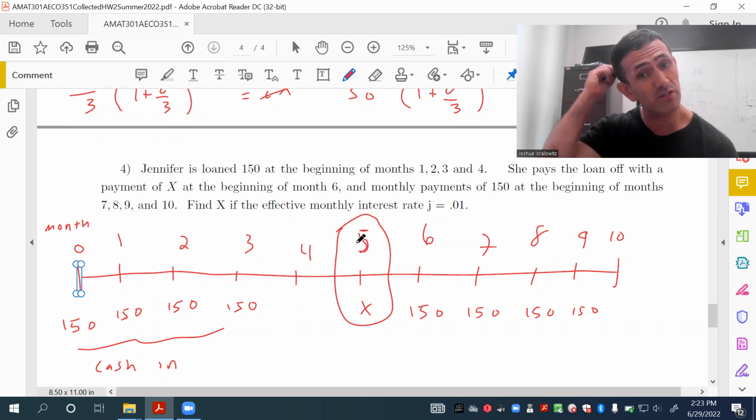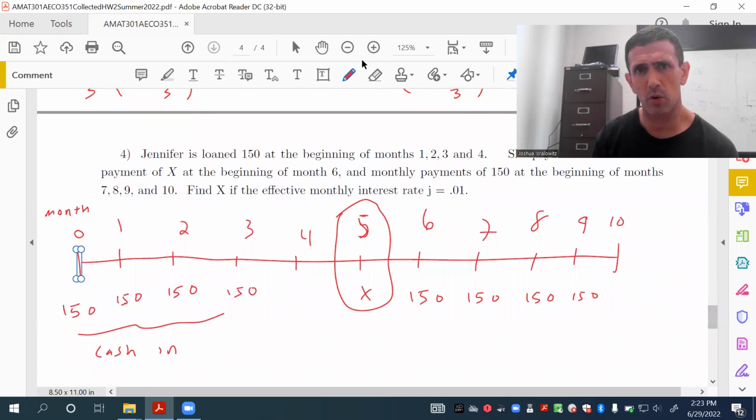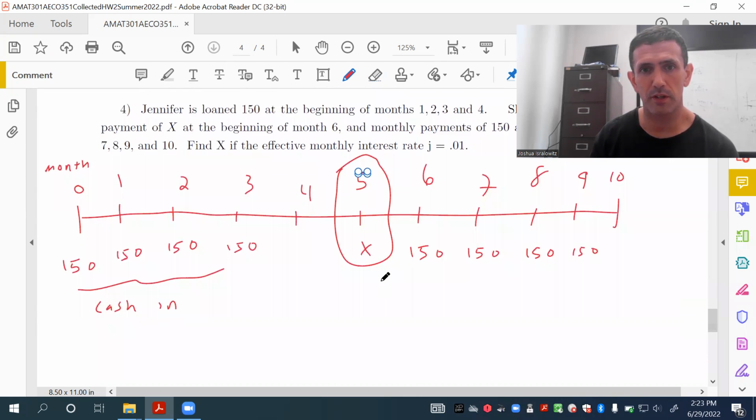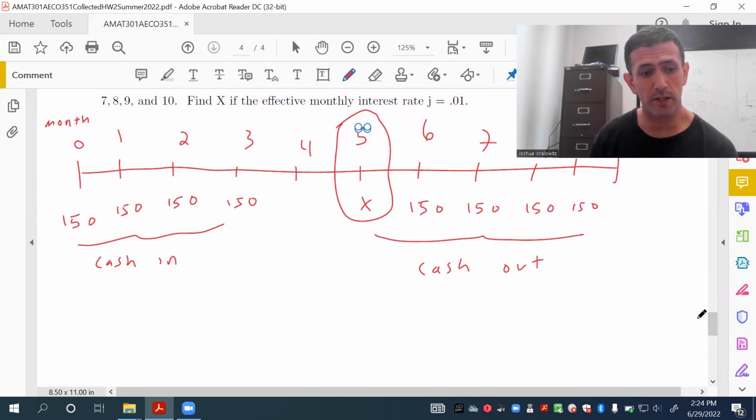You could take the present value or take the accumulated value of everything. It's up to you. As we'll see towards the end of the course, it's more common to take the present value of everything. All this is cash out, what Jennifer has to pay.